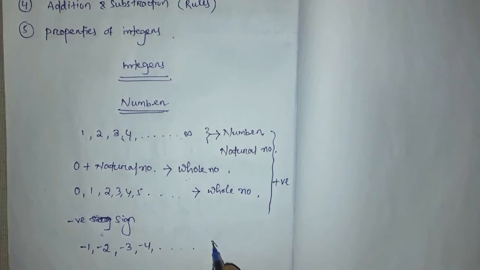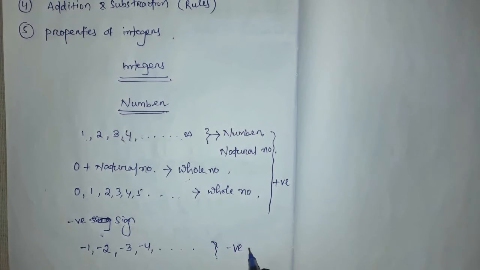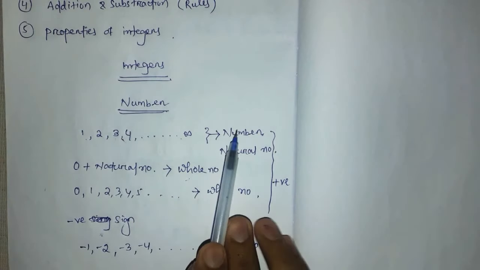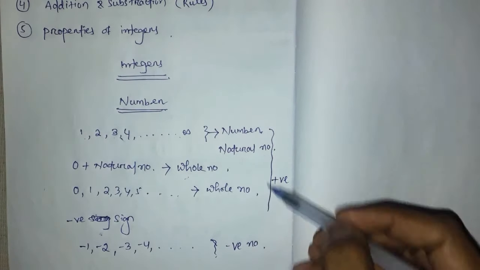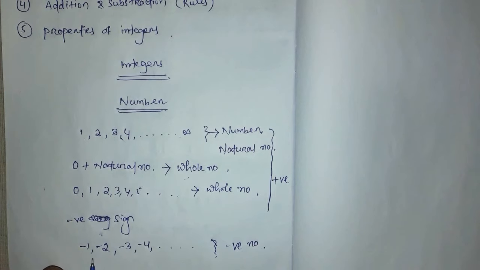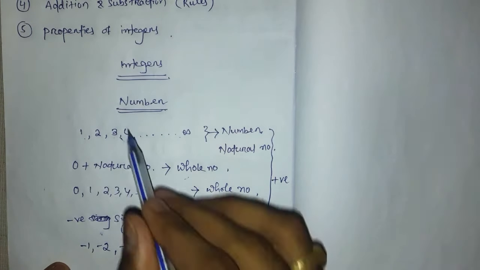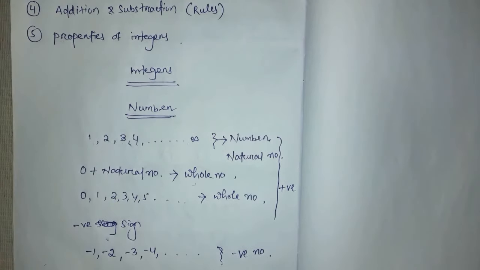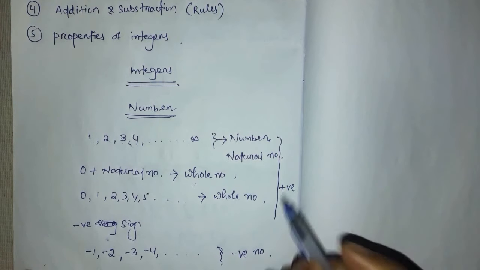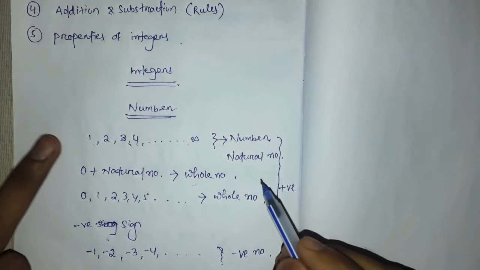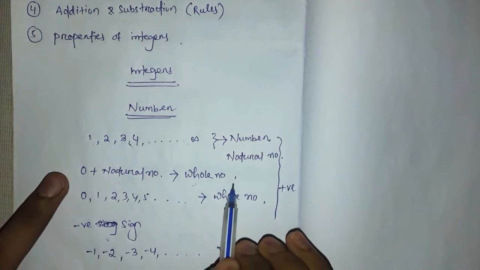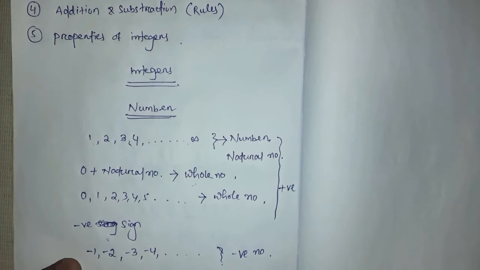And this type of number is known as a negative number. These are the positive numbers, the natural numbers, the whole numbers, and when I add a negative sign to the positive numbers, I get negative numbers.